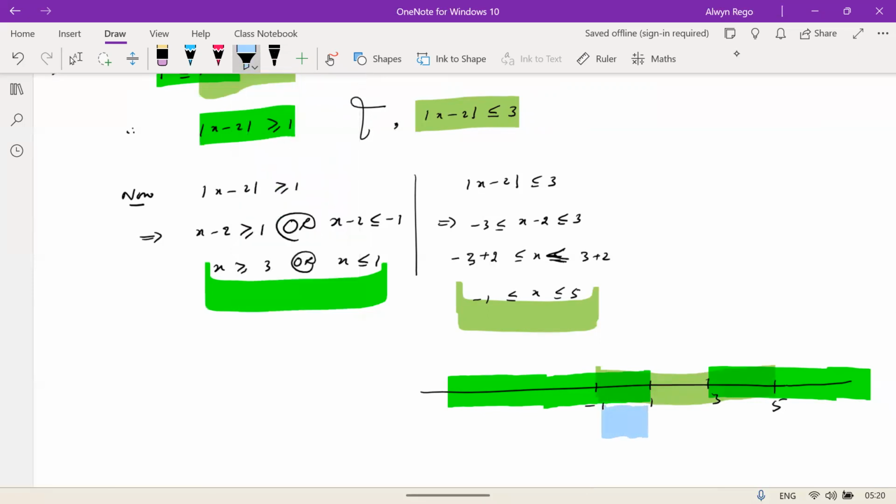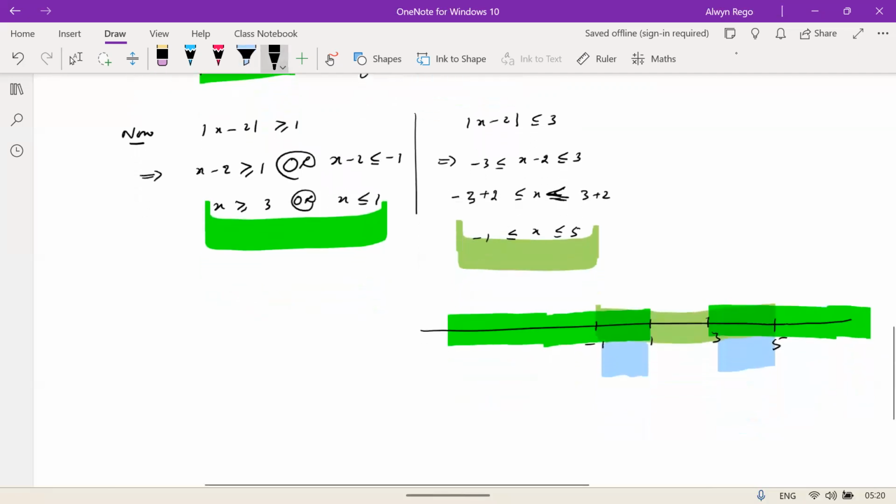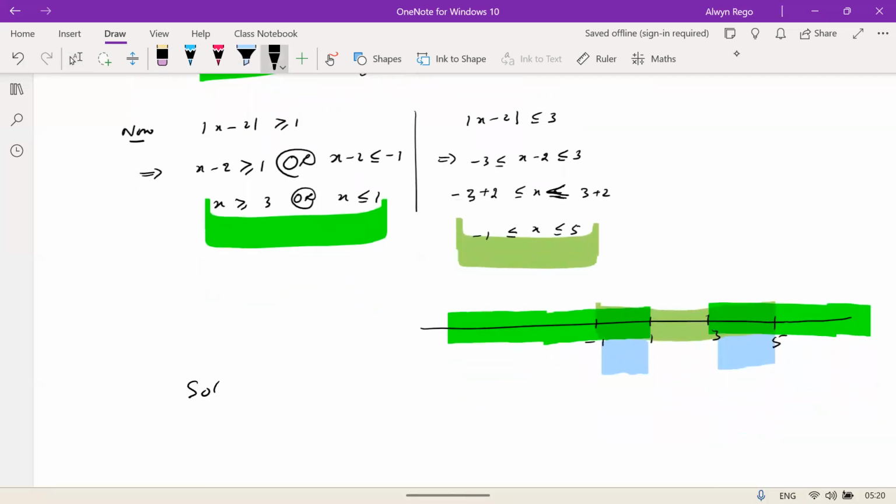That is this region and this region here, where the two colors overlap. Therefore, the solution of this system is given by x belongs to negative 1 to 1, all closed, or you choose your values from 3 to 5.